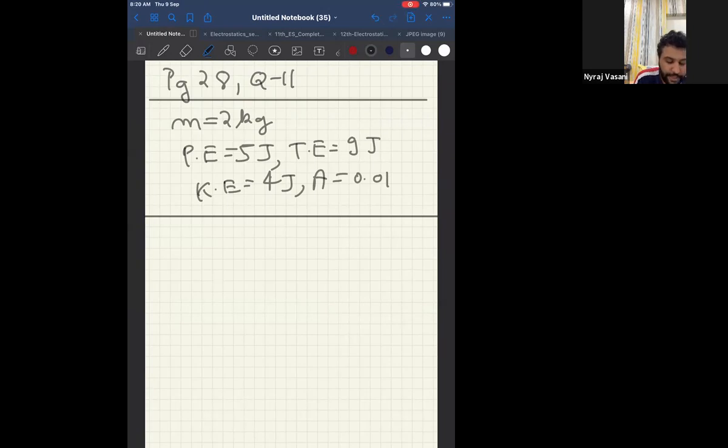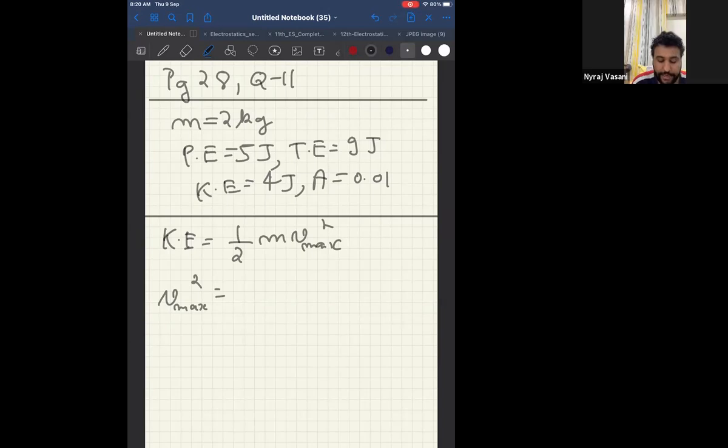Now I know that kinetic energy, maximum kinetic energy, is half m v max square. Now from this, tell me what is v max square? What is maximum velocity? Think about it and answer. A omega.